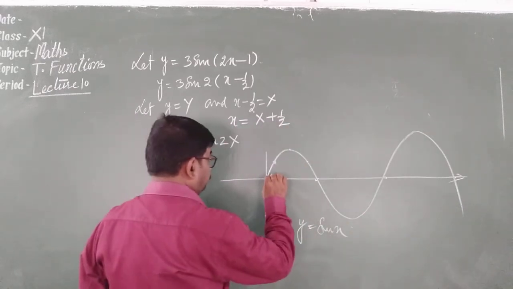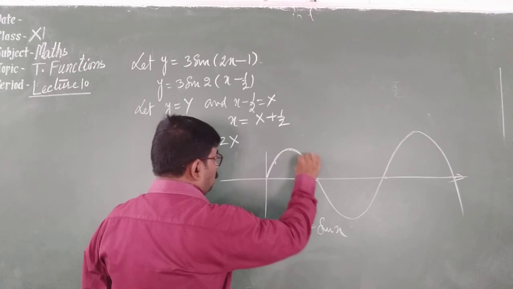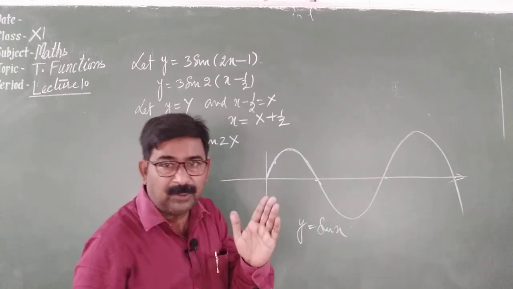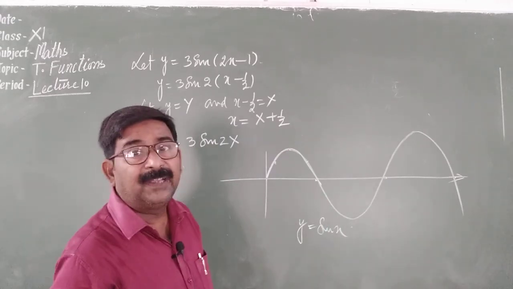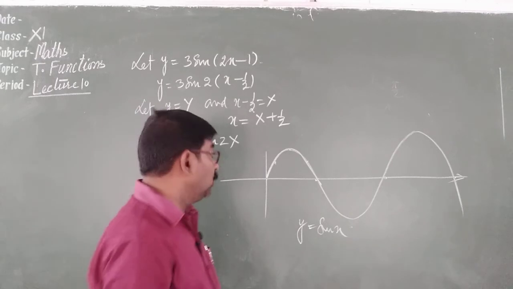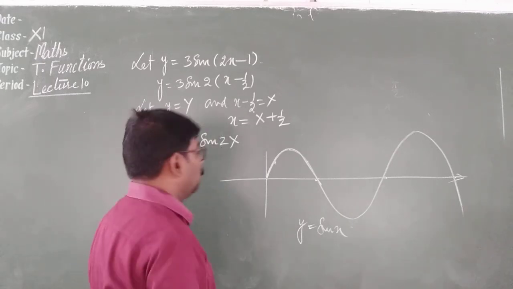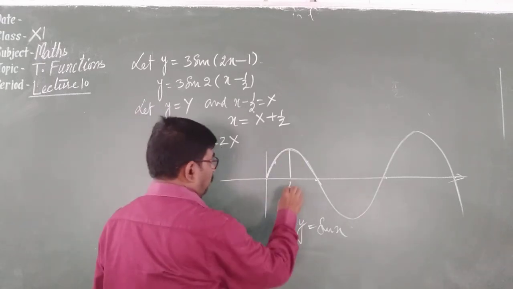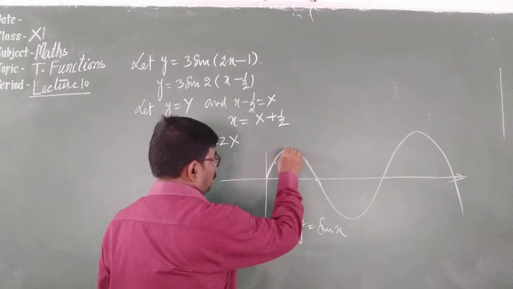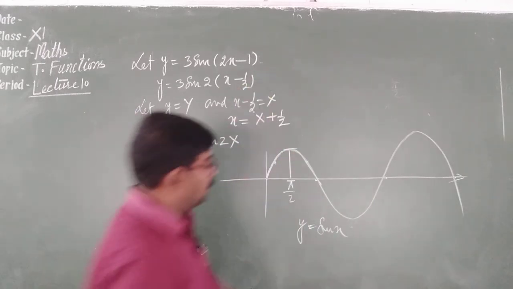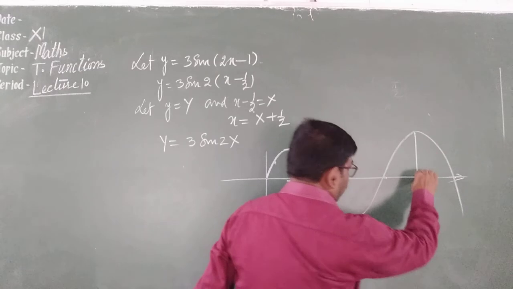Means we have the actual value, the first value. When we get the value, that is called principal value. For example, suppose it is pi by 2 and its value is 1. In other places, here also we have 1.